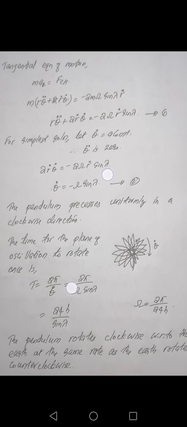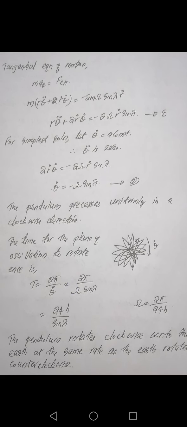Here omega is the angular velocity and lambda is the latitude. For a particular point, latitude is a constant, and omega for the Earth's rotation is almost fixed, considering Earth as a perfect sphere. Therefore the pendulum precesses uniformly in the clockwise direction. Why clockwise? Due to the minus.